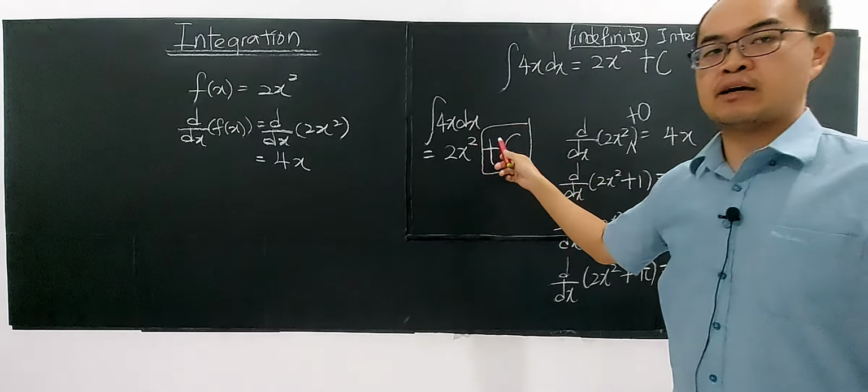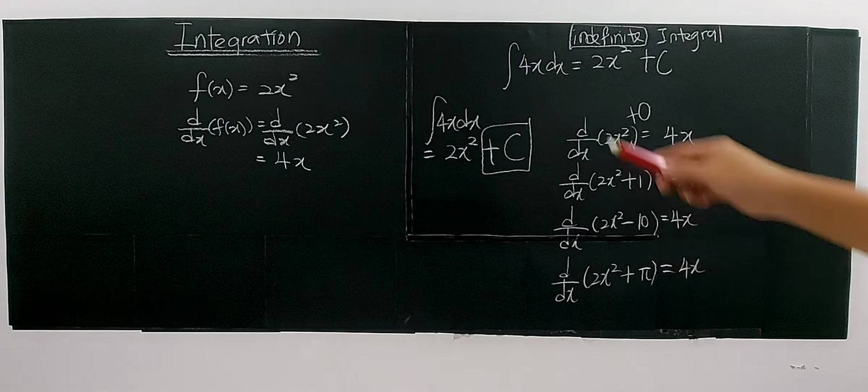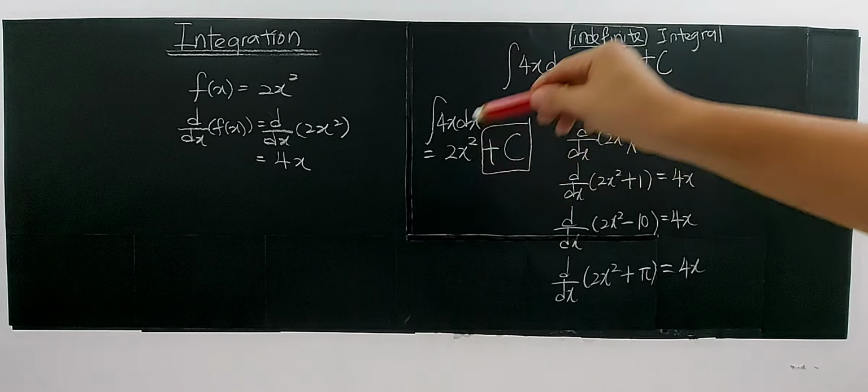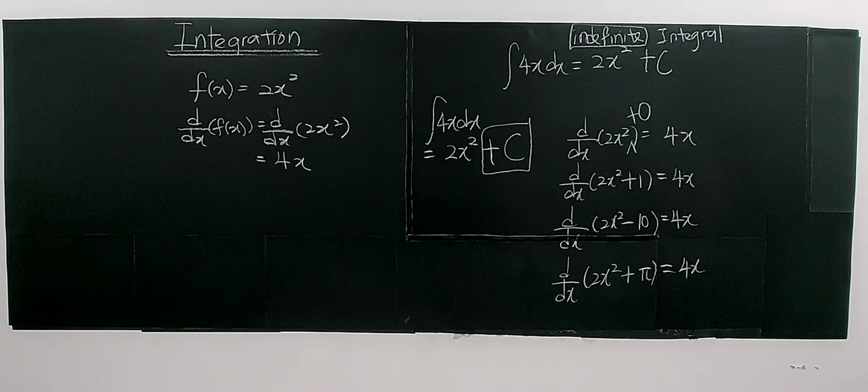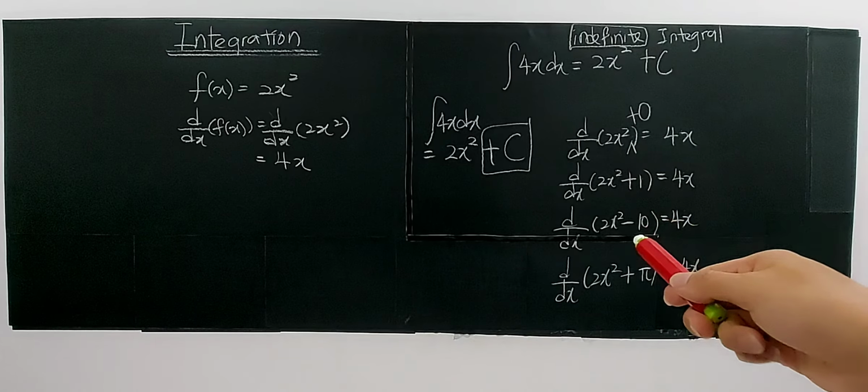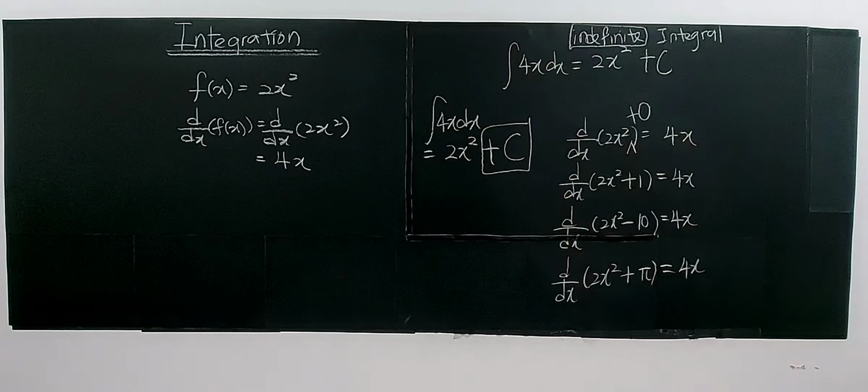Maybe there is a constant after you integrate. This is the way when you do indefinite integrals. So this is all the antiderivatives of 4x.